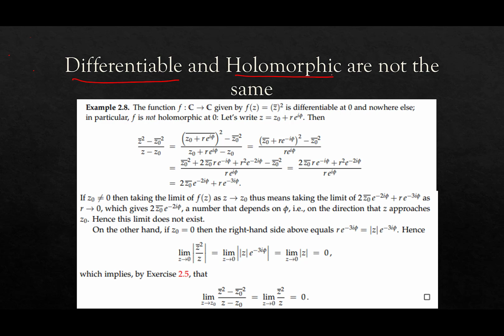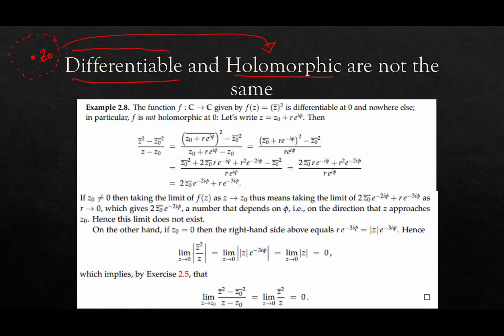Holomorphic means you're differentiable at some point, but you're also differentiable at every point in some open disk around z naught, or this point here. So it's somewhat stronger, because you're not only differentiable at one point, you're actually differentiable at infinitely many points around that point.